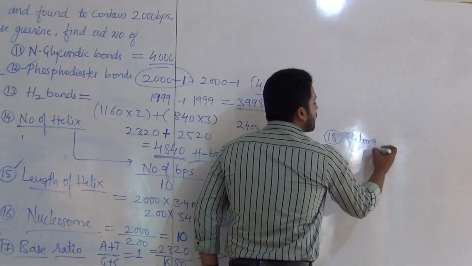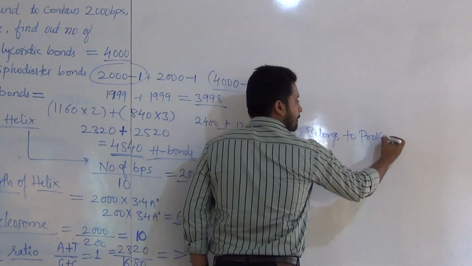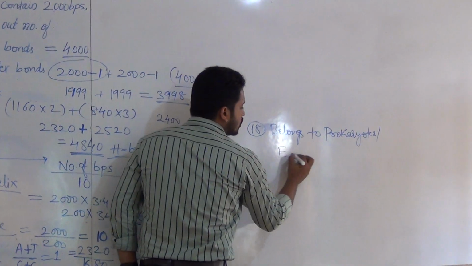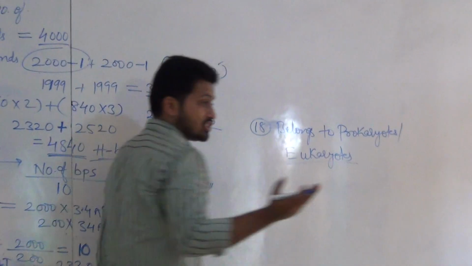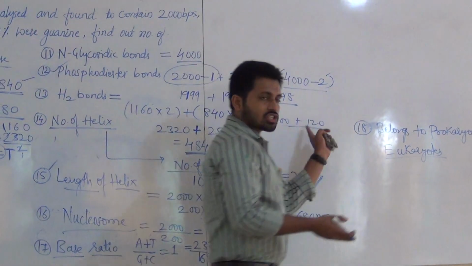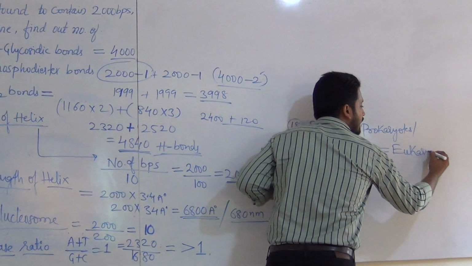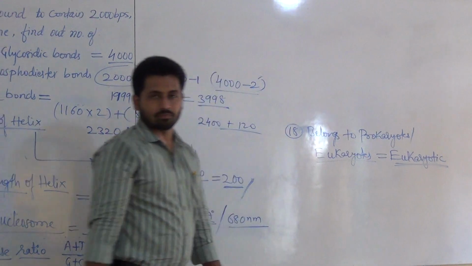This DNA belongs to prokaryotes or eukaryotes. You can tell easily, when the base ratio is more than 1, this organism we are talking about is eukaryotic organism.